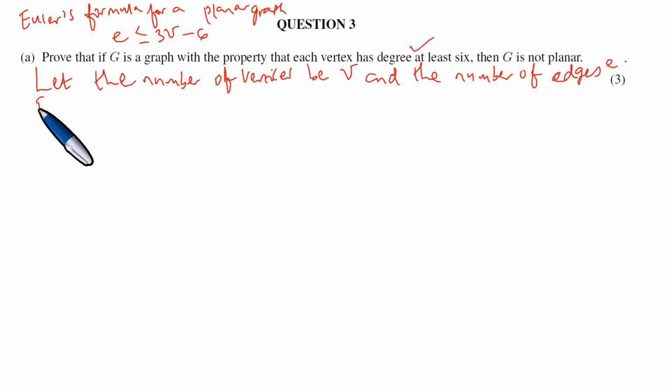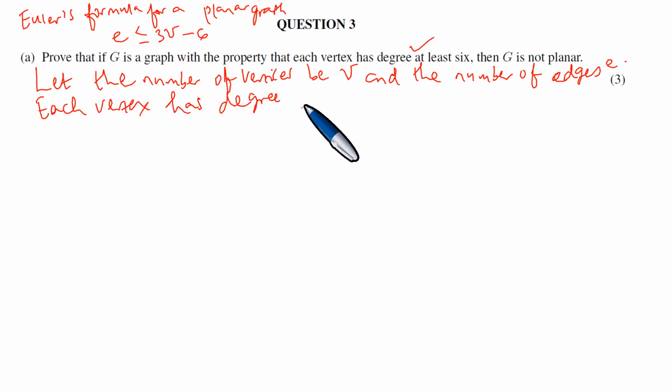So we use that and say each vertex has degree at least 6. What does this mean? We can add the sum of the degrees.